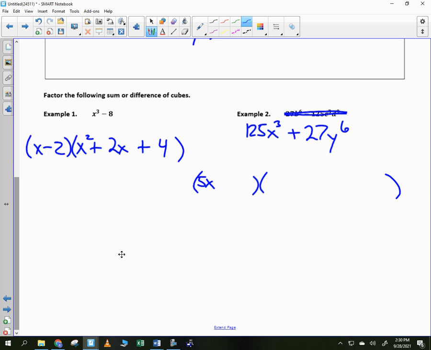X. How about 27y to the 6th? 3y to the 2nd. So once you start with those two, you can fill out the rest pretty easily. We square the front. What do you get if you take 5x times 5x? 5x squared. We take 3y squared times 3y squared.